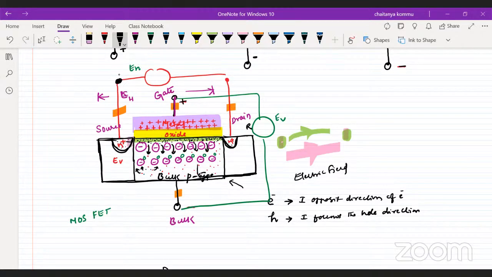What is the potential I should apply at the source, and what at the drain? Anyone from the class? Somebody has sent: source is positive and drain is negative. Any other answers?